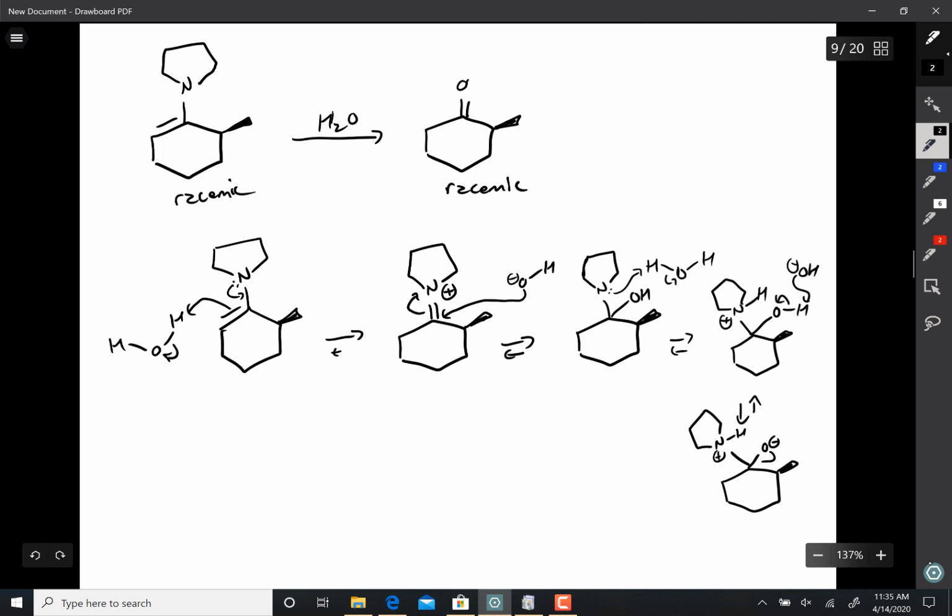And the O minus swings down, kicks the amine off. Okay.